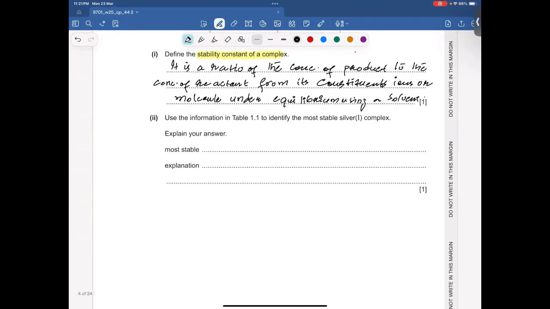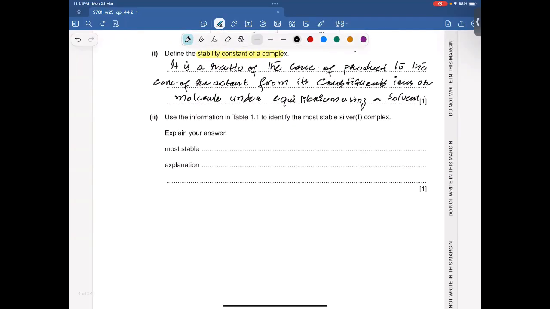Okay. Because usually the molecules and ions always exist in aqueous state. In aqueous state means there must be water, and that is going to be a solvent.